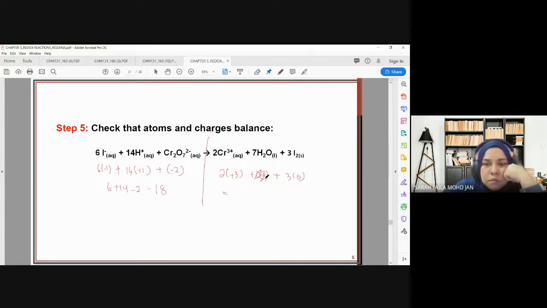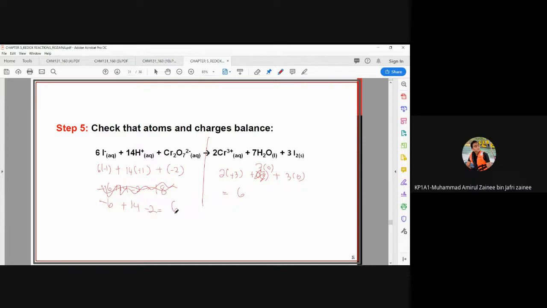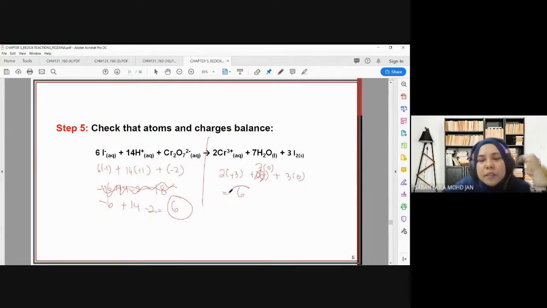So 6. Tak balance ni. Ke saya salah kira kat sini? Oh, ni -6. Nampak sangat. -6 tambah 14 tolak 2. Apa? -6 -8. 6. So, balance kiri dan kanan. So, bila balance kiri dan kanan, automatic you punya equation ni betul.